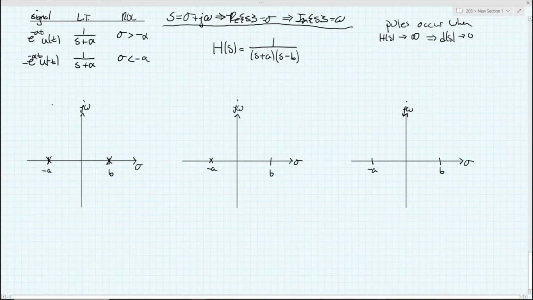So in this s-plane, we're going to have an LTI system, a linear time-invariant system. Now, if we say that the system is causal, that's going to imply that we are talking about a normal unit step.